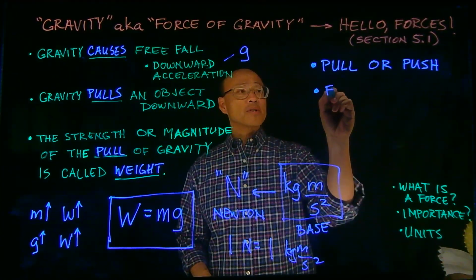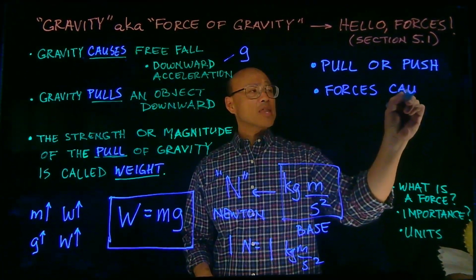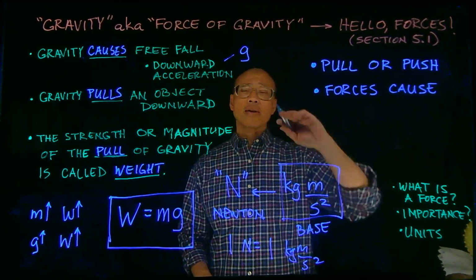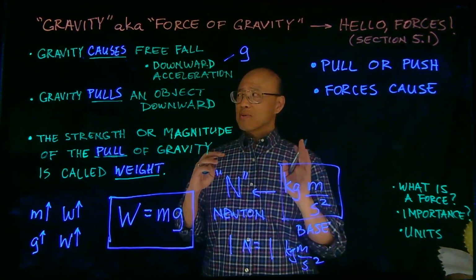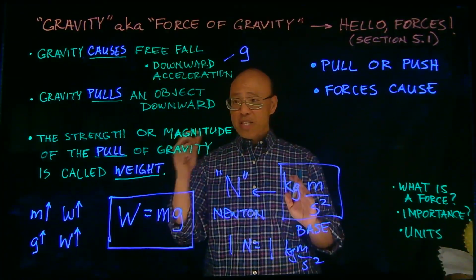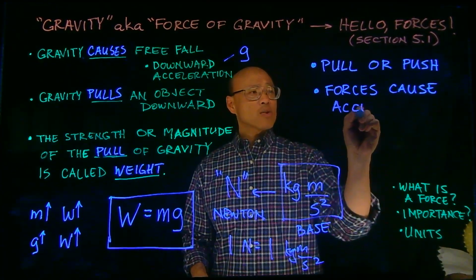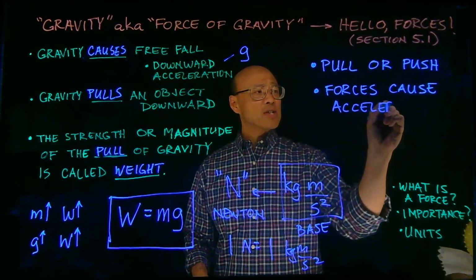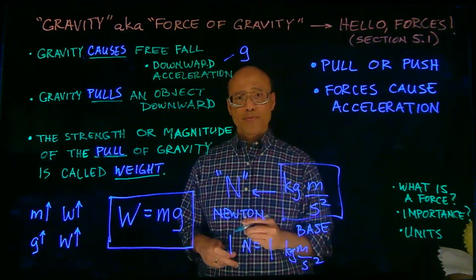Why is that important? Well, because if you think about microscopic, macroscopic motion or changes, go really tiny, go really big, they're only interesting or things change when there's an acceleration, right?